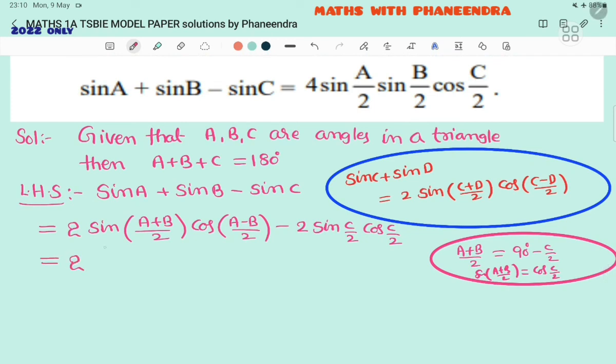So 2 into sin of (a plus b) by 2, otherwise (a plus b) by 2 is 90 minus c by 2, you can write sin of (90 minus c by 2), which is cos c by 2, into cos of (a by 2 minus b by 2), minus 2 sin c by 2 cos c by 2. So take common 2 cos c by 2 from both the terms.